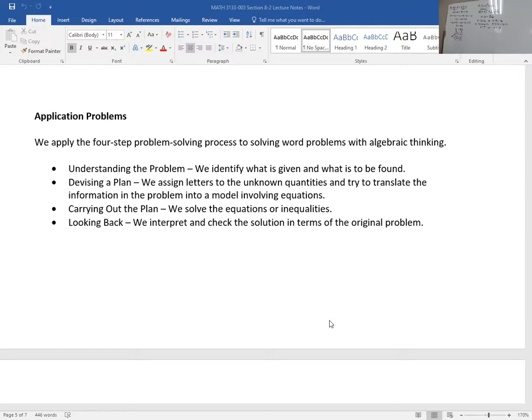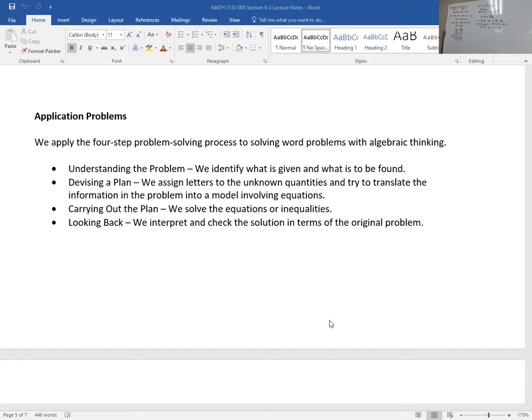They probably can read it, but they don't understand what is being asked in the problem, and picking out the bits and pieces of information given to them that will help them solve the problem. So here we're going to use what they call the 4-step problem-solving process to solve word problems with algebraic thinking. You might have seen this before in Math 1.